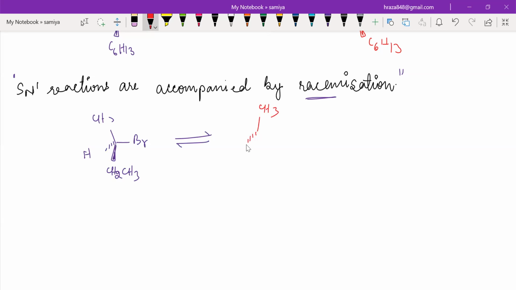This is like this, and then CH2. Br minus will be eliminated. Now you can see this carbon, which has a positive charge, will have a vacant p orbital like this.